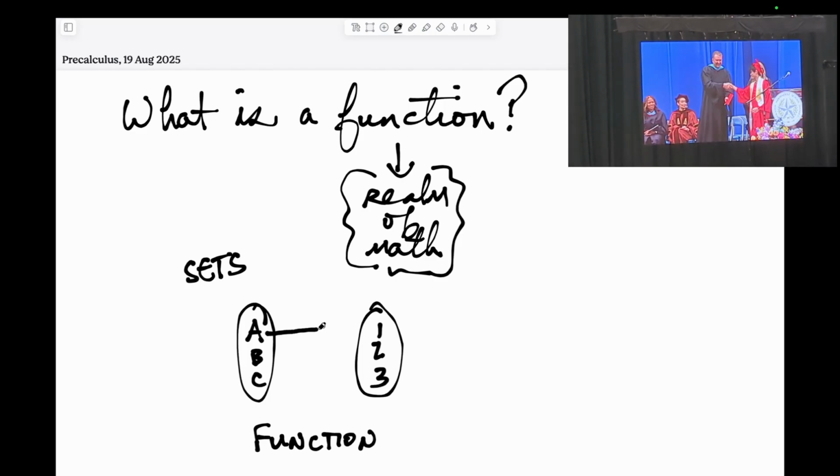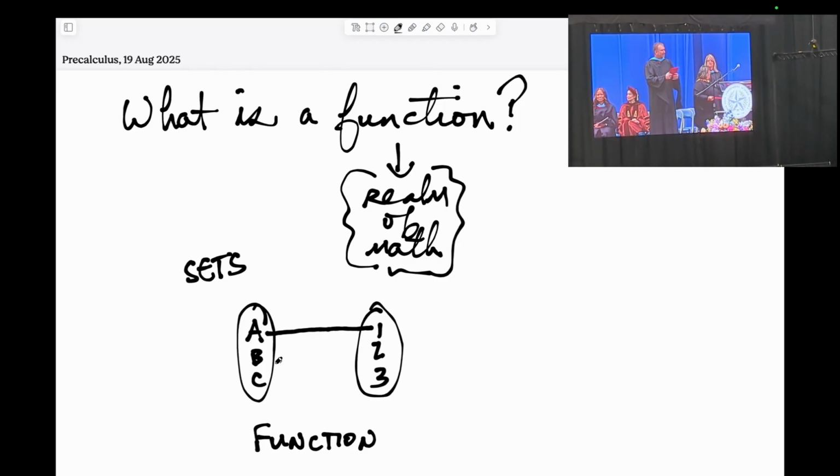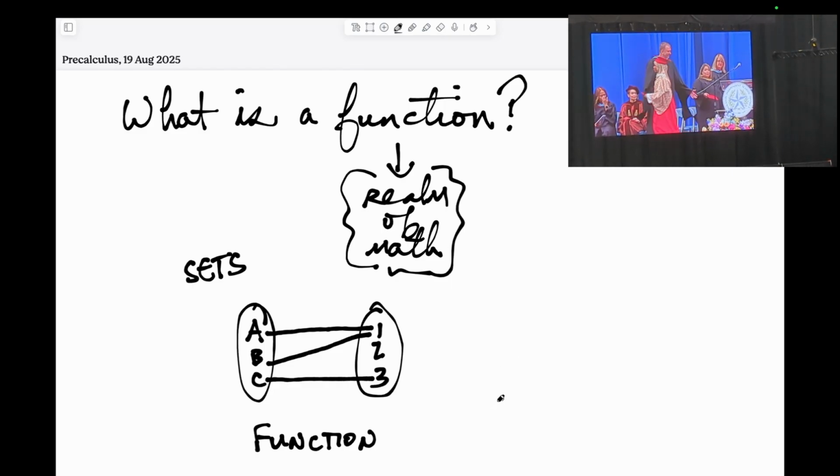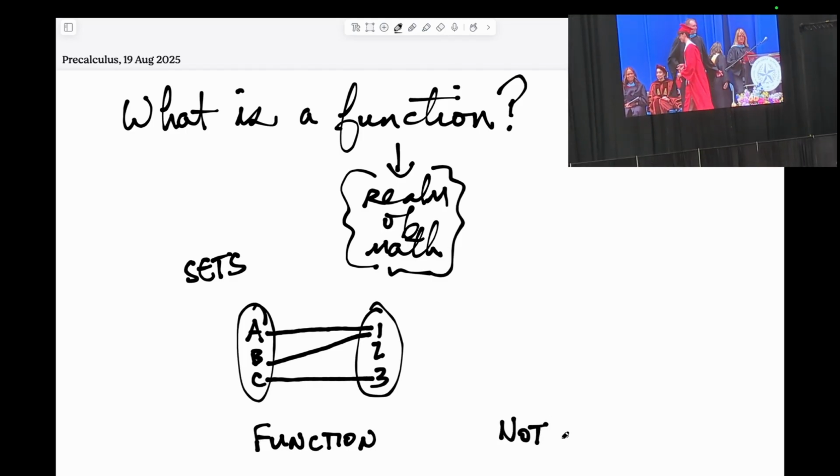goes like this. This is possible. Even this is possible. And this would be a function. Not a function.